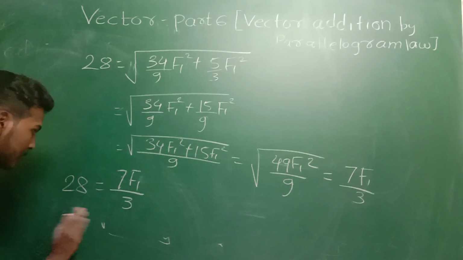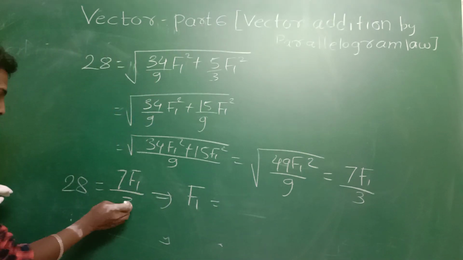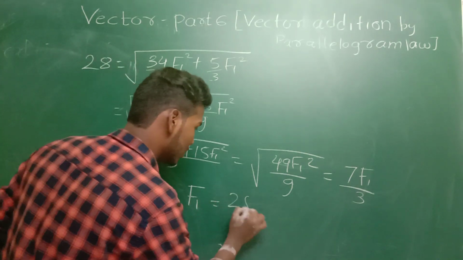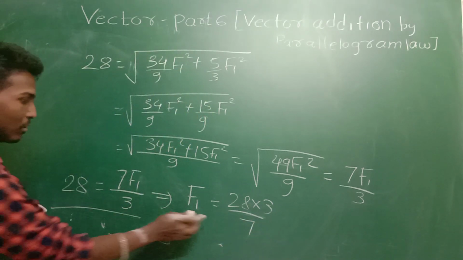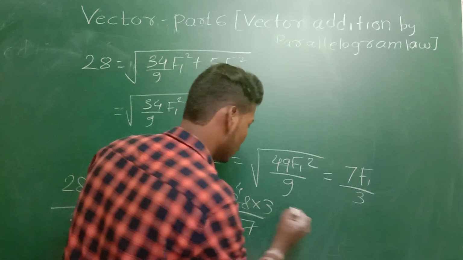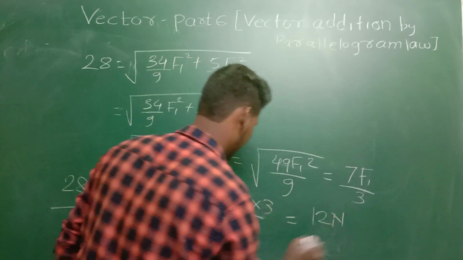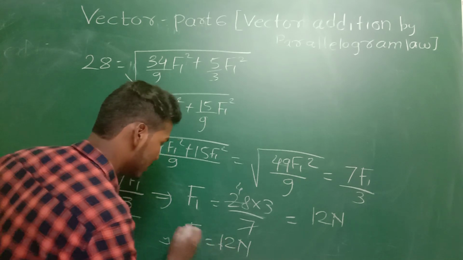Therefore F1 will be equal to 28 multiplied by 3 divided by 7, that is 12 Newton. So F1 is 12 Newton.